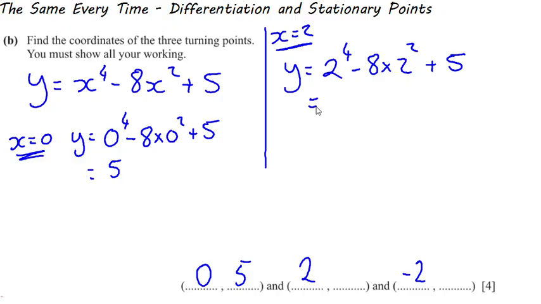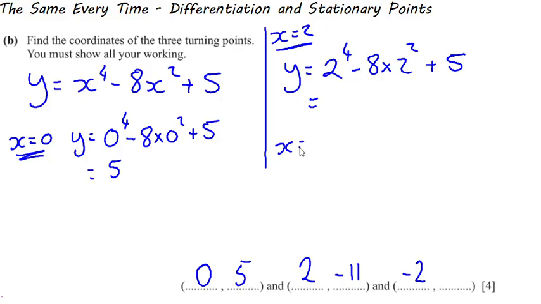Okay, maybe we could do this without a calculator, but I'm going to use my calculator for this one. 2 to the power 4 minus 8 times 2 squared plus 5, and that's giving me negative 11.